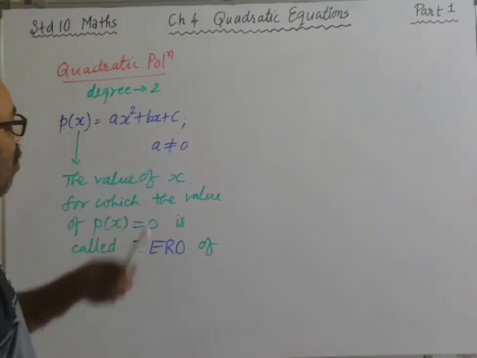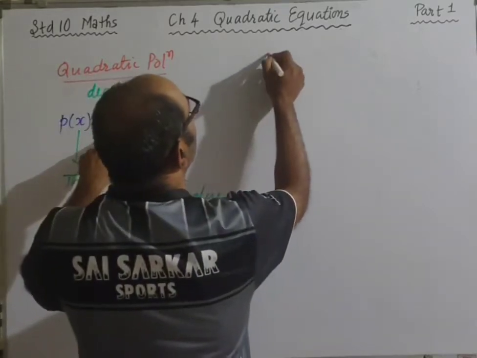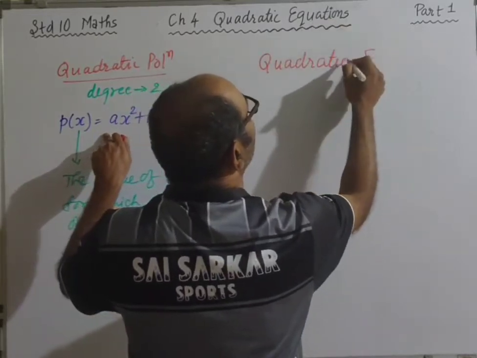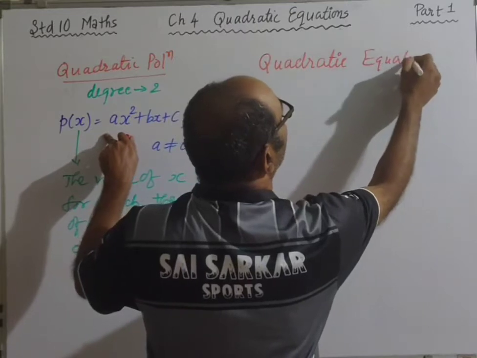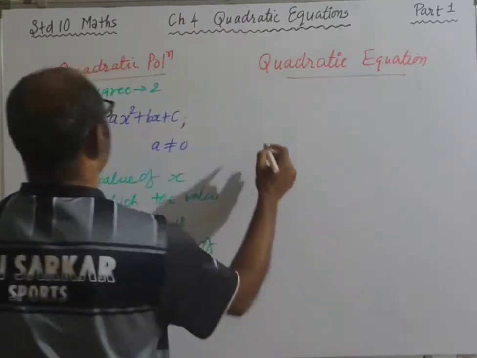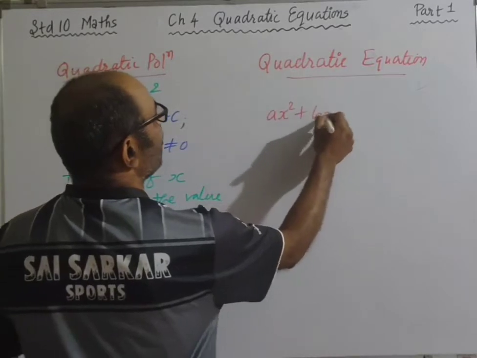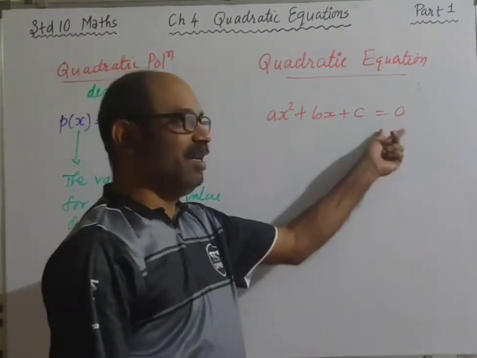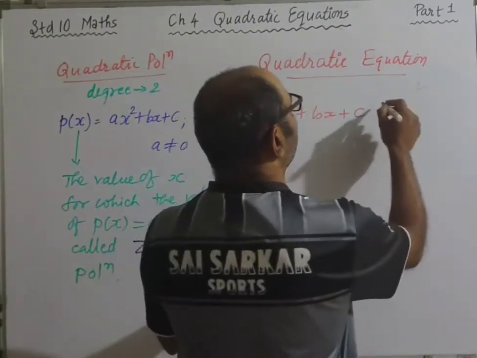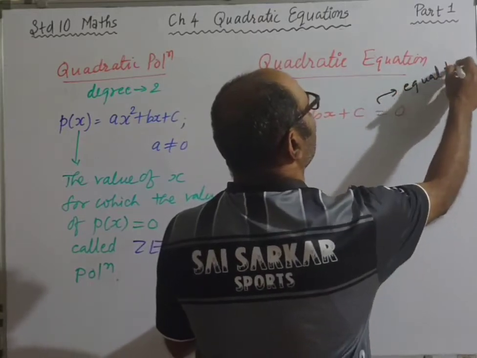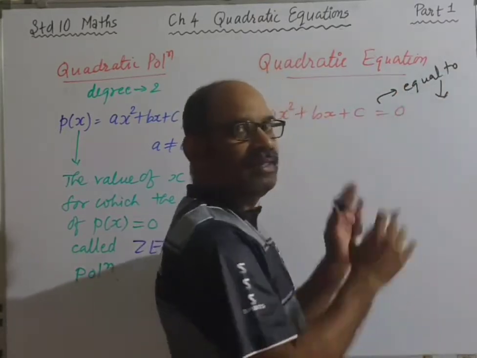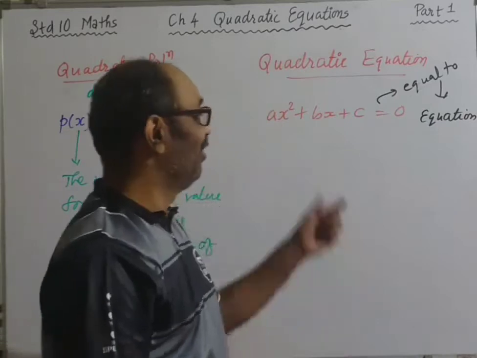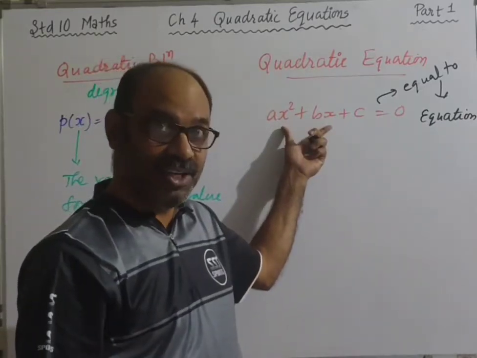Now, the same quadratic polynomial turns into a quadratic equation if I take ax square plus bx plus c equal to 0. If I take that quadratic polynomial equal to 0, because there is an equal to sign in the expression, we call it an equation. So this is called quadratic equation, children.